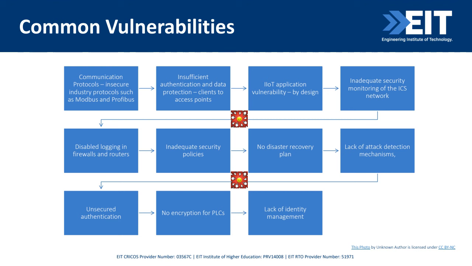There is no plan to recover from a disaster, and therefore there is a lack of attack detection, and there is unsecured authentication. There is no encryption on PLCs because that's an expensive operation, and that slows down the processing capability of a PLC. And finally, there's a lack of identity management.